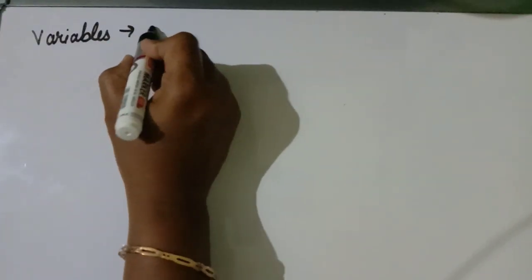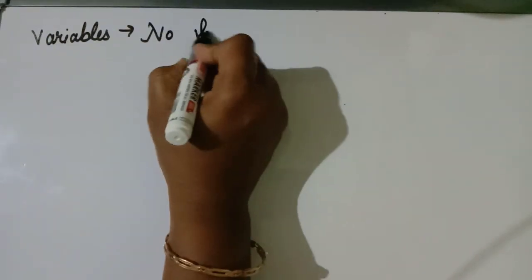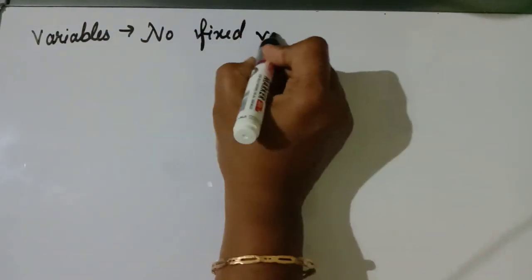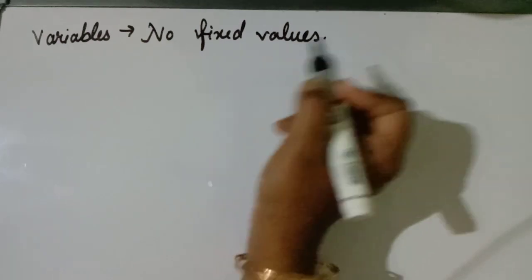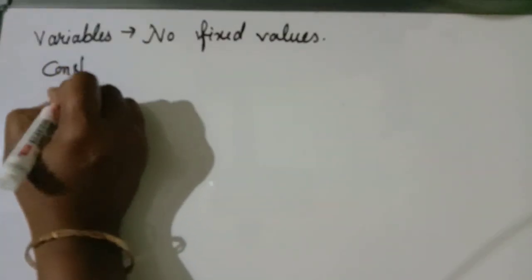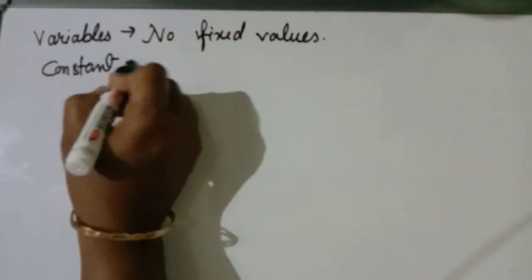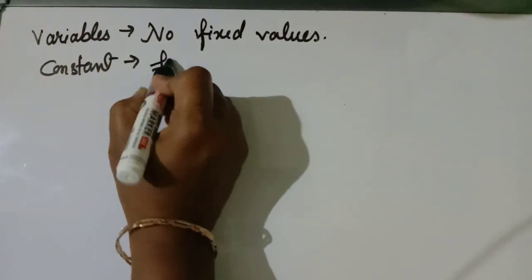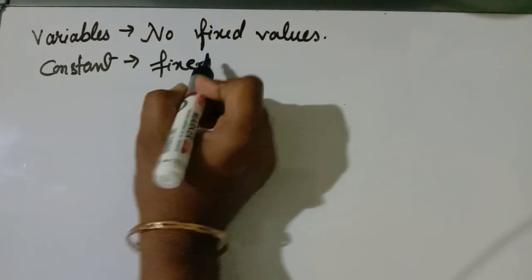So from this we conclude that variables have no fixed values, but a constant always has a fixed value.